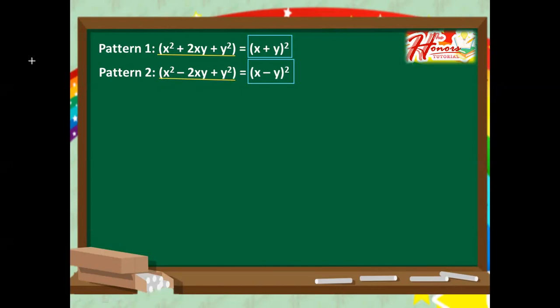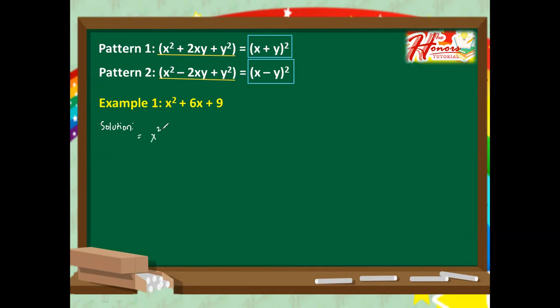Okay, so let's have our example now. So we have here x squared plus 6x plus 9. And this will be our solution. Okay, so we have to focus first on the first term. But before that, let me just rewrite the given.